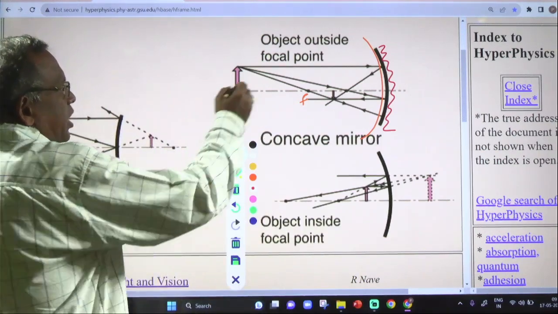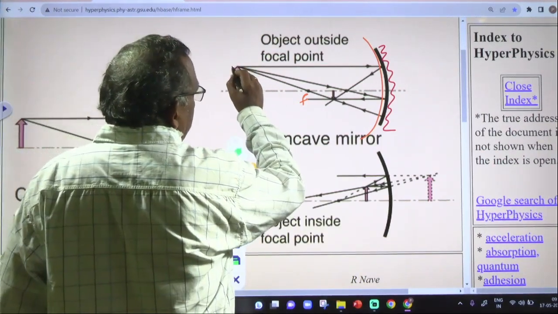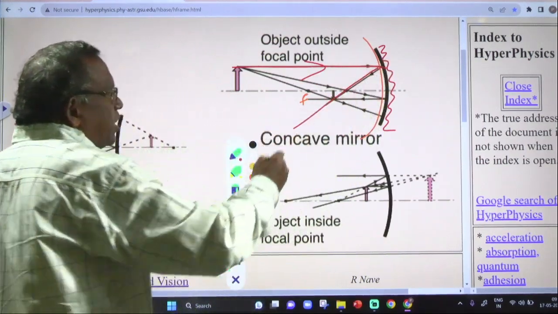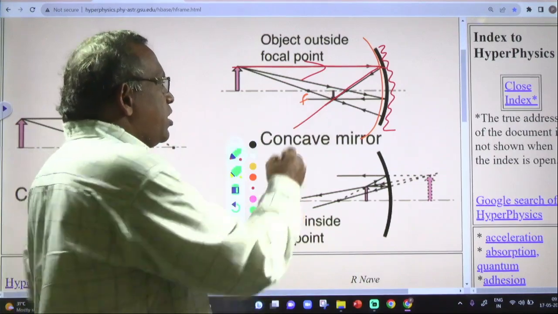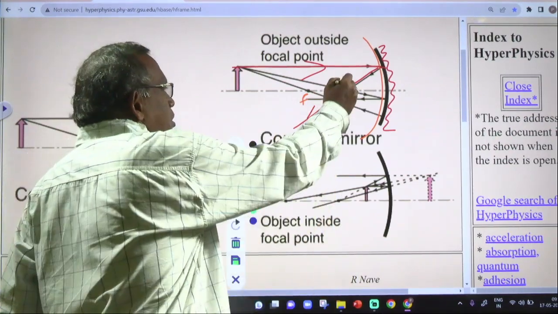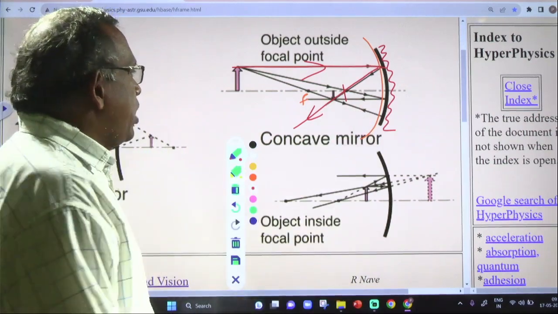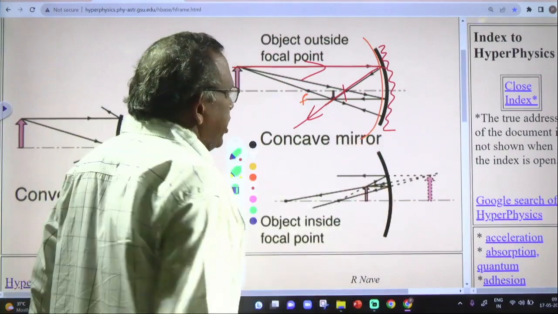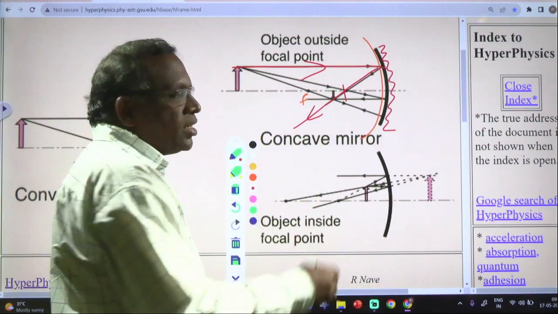For example, the light ray which is parallel to the principal axis, after it is incident, will be reflected back. The reflected light ray passes through the principal axis at the focus. And another light ray which passes through the focus will be reflected parallel.